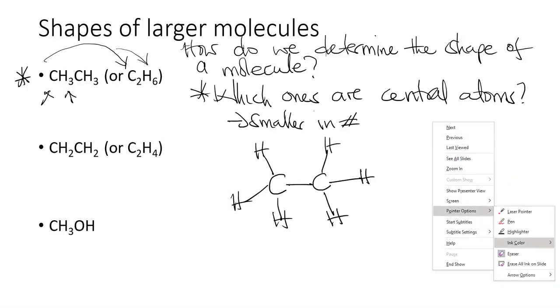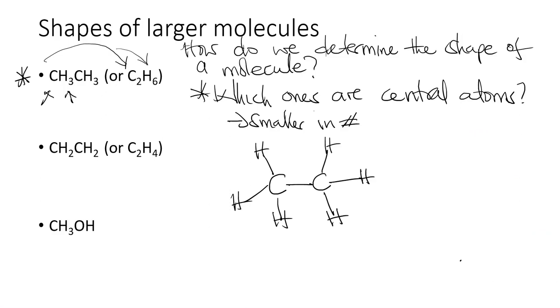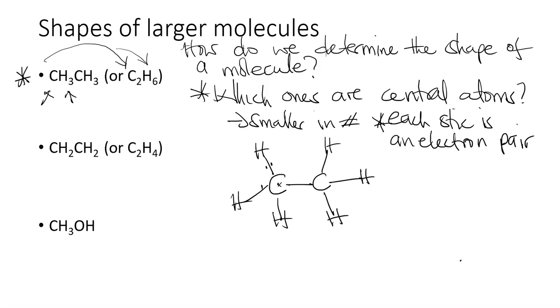If you look at this molecule, each stick is an electron pair. So this central atom, which I'll call central atom A, is surrounded by 1 pair, 2 pairs, the 3rd pair, the 4th pair.